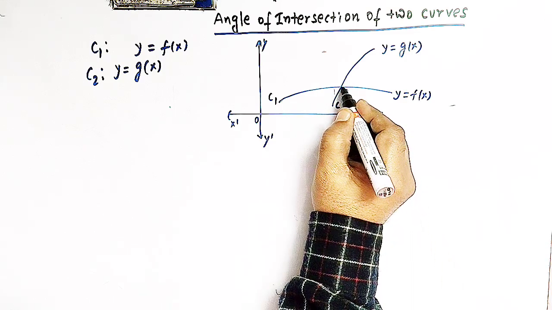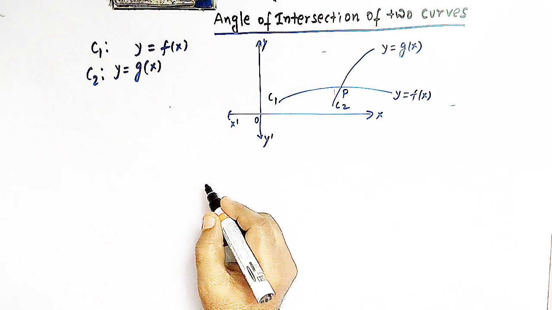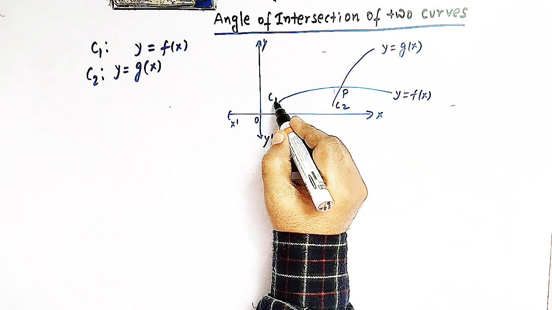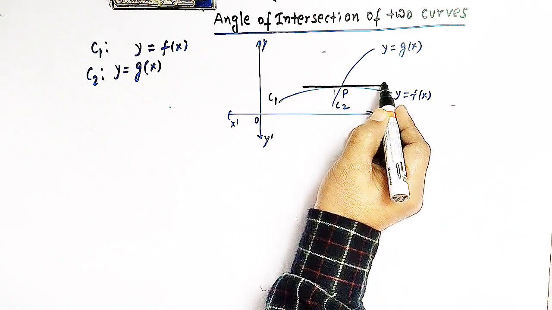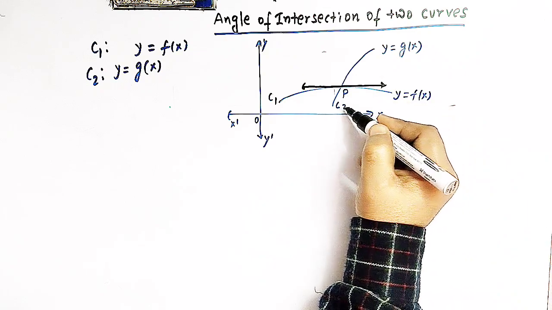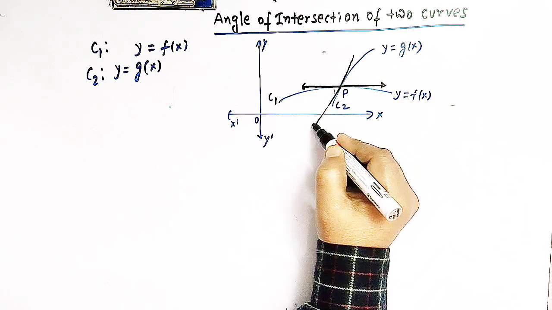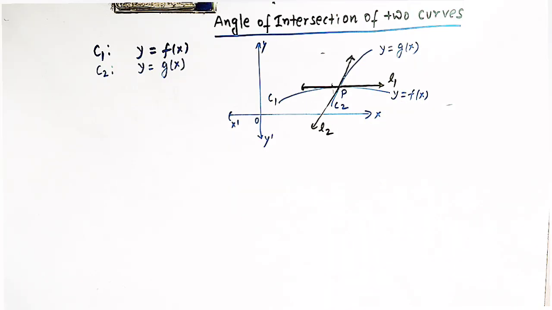At the point of intersection of these two curves, let us draw tangents to these two curves. The tangent to the curve c1 may be drawn like this, and the tangent to the curve c2 like this.